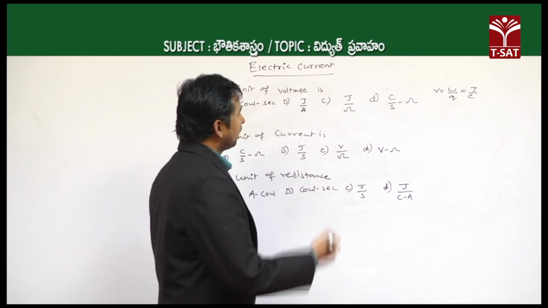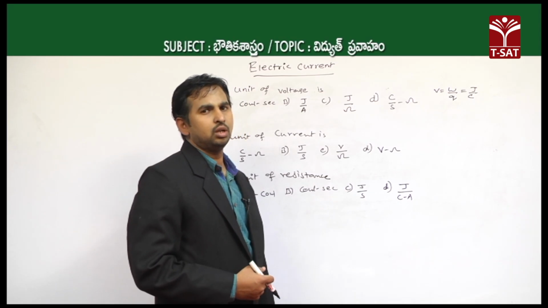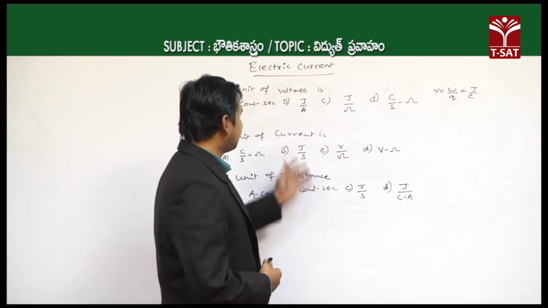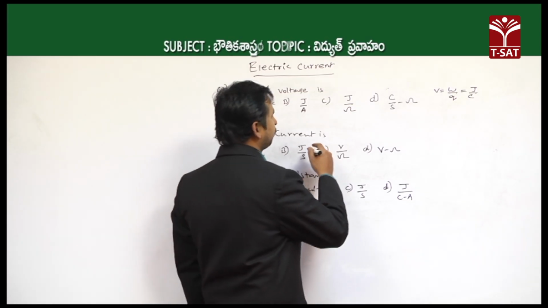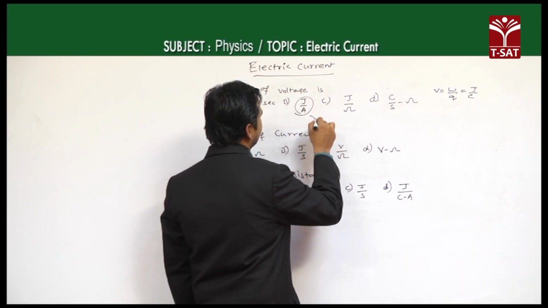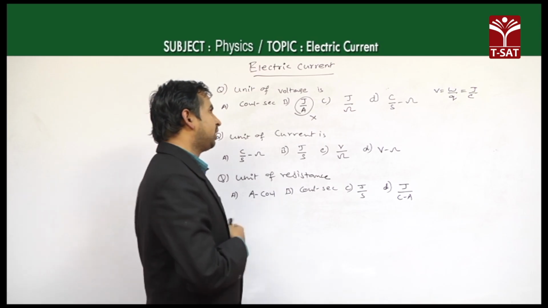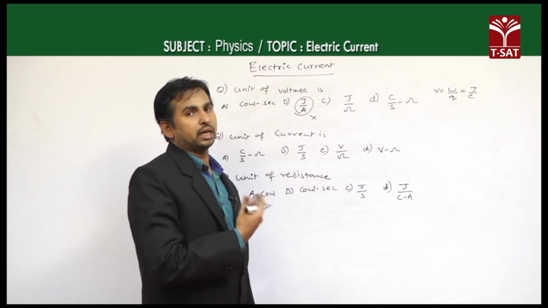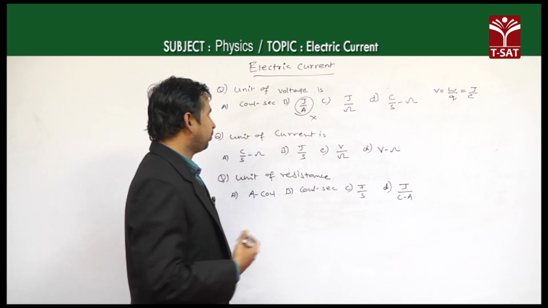As V is equal to W by Q, it is joule per coulomb. Option B is joule per ampere. Actually C means coulomb, so it is not joule per ampere. Joule per ampere means taking work done on unit current, but that is wrong. So joule per coulomb we do not have.